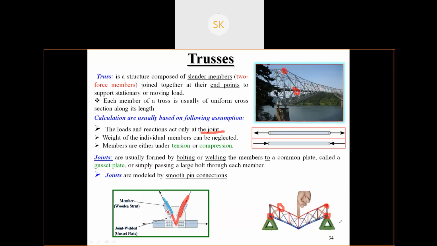When you apply a load on the midpoint, externally this structure will be stable, but internally it won't be stable. So the structure should be stable both externally and internally.